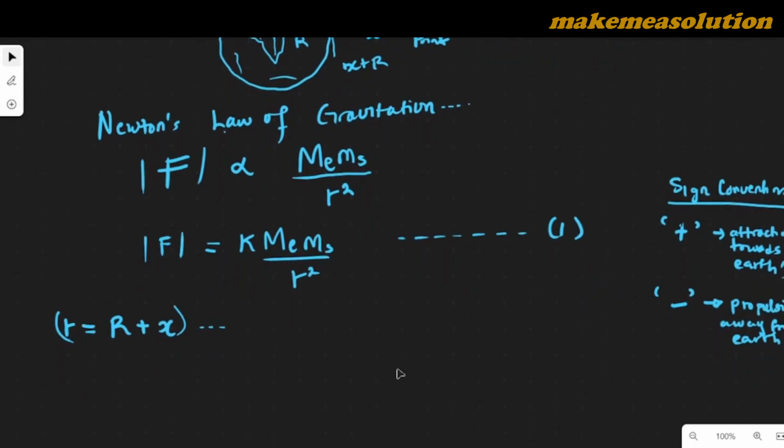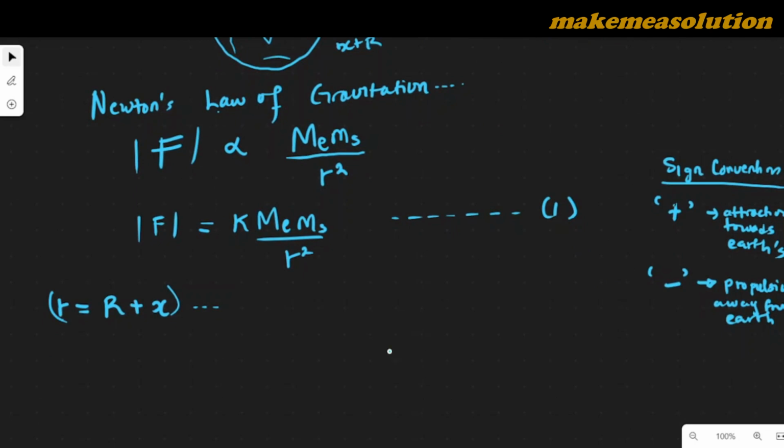Having defined these conventions, now you're going to assume, because we want to be able to find out what this constant of proportionality is. So to find out what the constant of proportionality is, first things first, you're going to make an assumption. When you're making the assumption, we will now introduce our sign conventions. So what assumption are we making first of all?